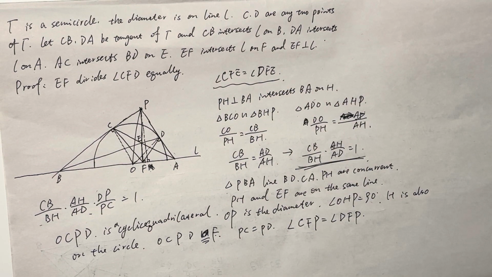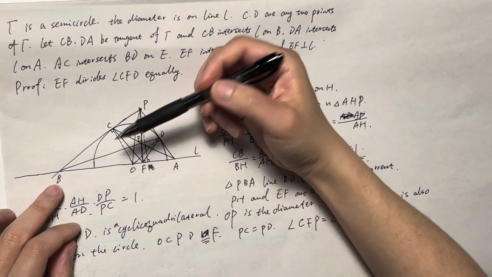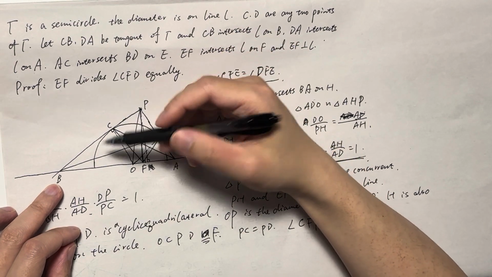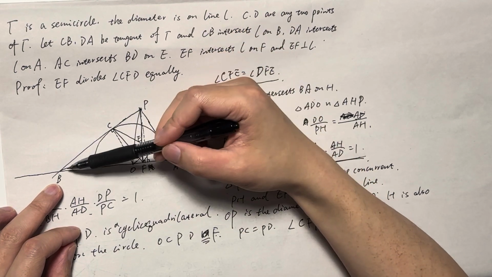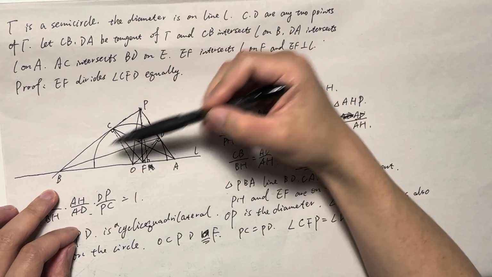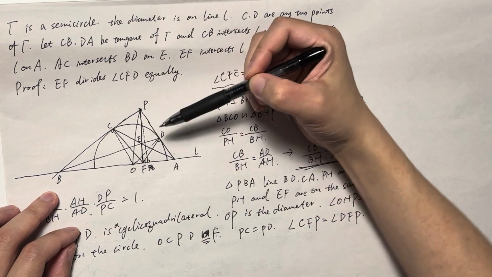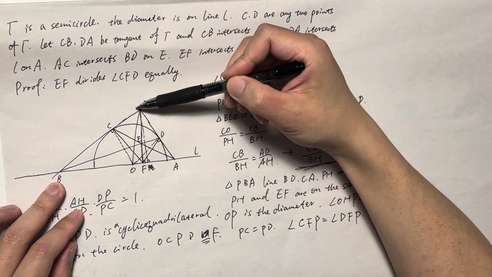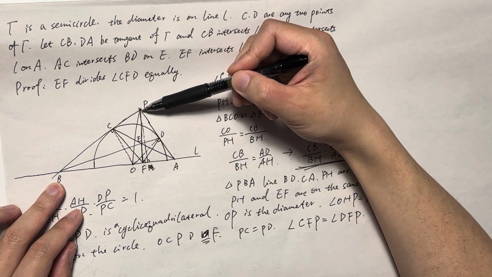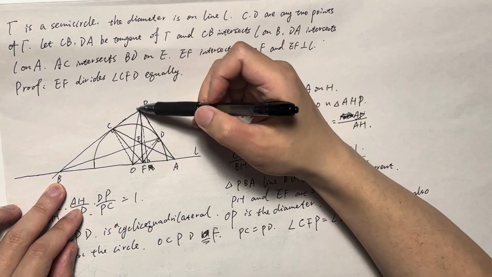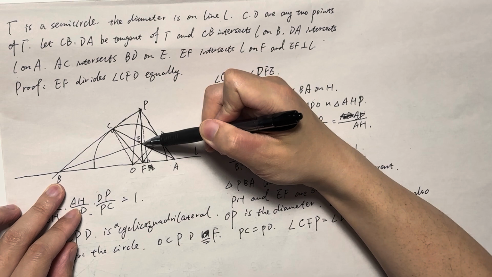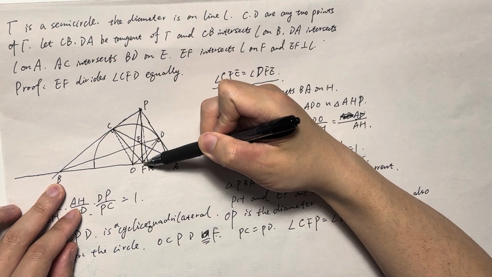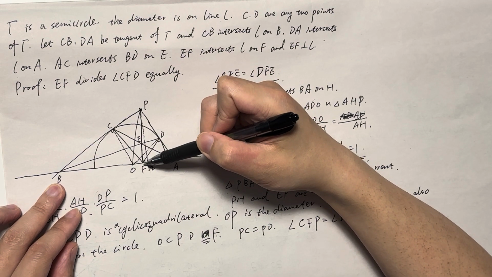This problem is not that easy because you need to figure out the relation of BC and DA. We have to extend BC and DA, and then find that P, E, F are collinear.